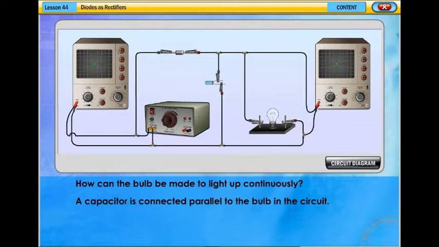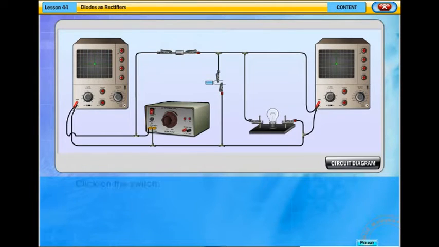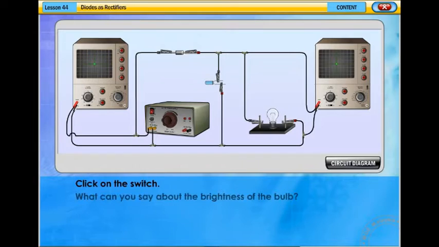A capacitor is connected parallel to the bulb in the circuit. Click on the switch. What can you say about the brightness of the bulb?